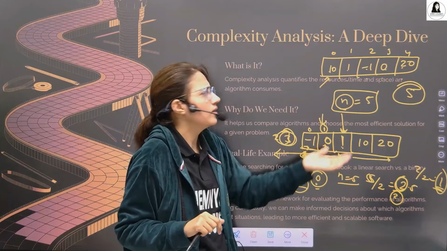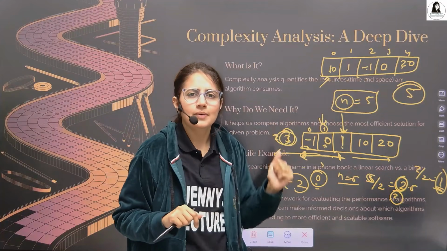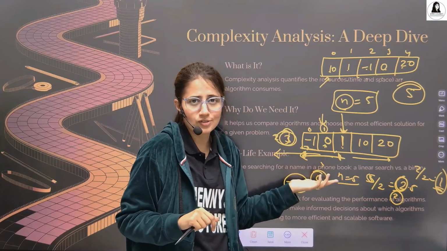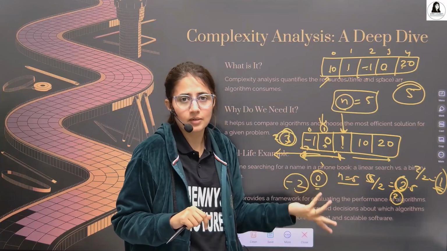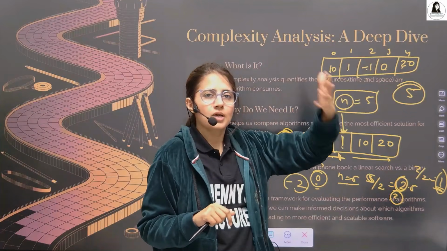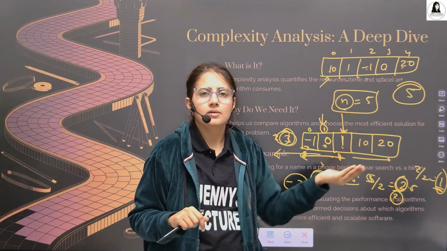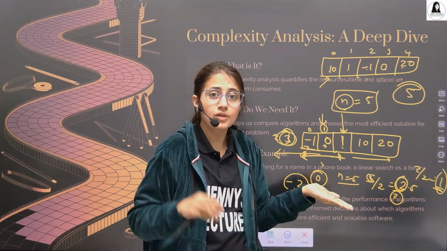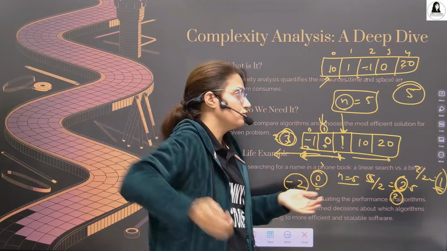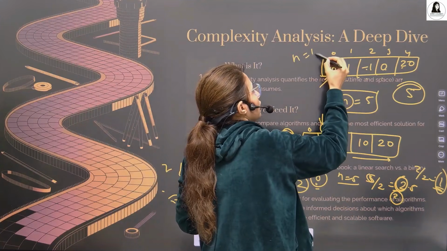Obviously, if the data is small, if there are only 5 or 10 elements, it doesn't matter. Linear search in that case is better because it will not take much time if the data is only 10 or 20 elements. But suppose n is 1000.